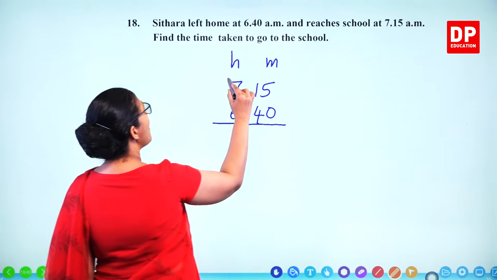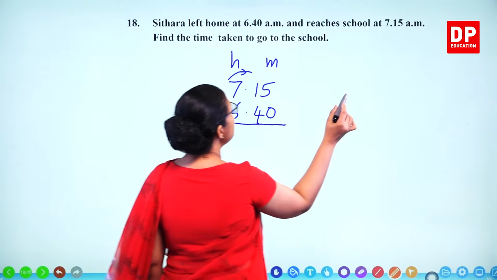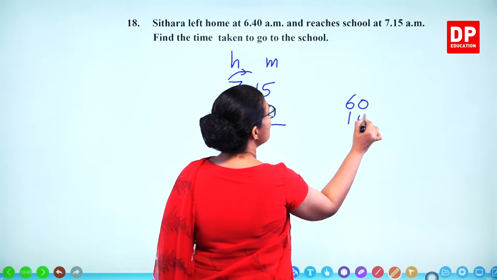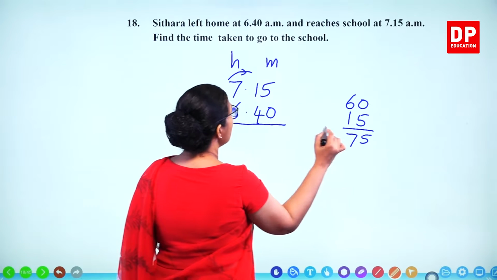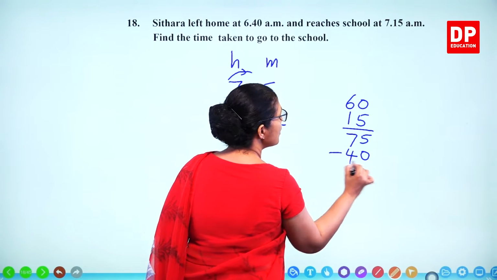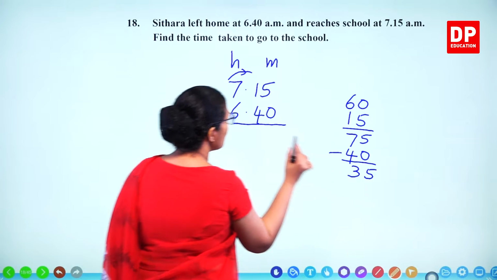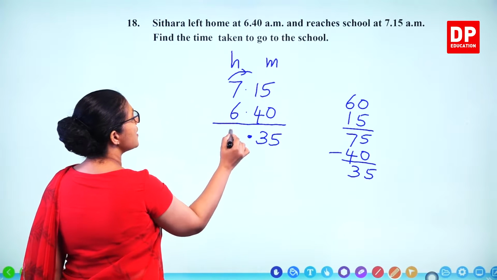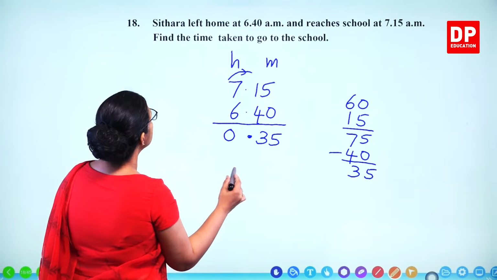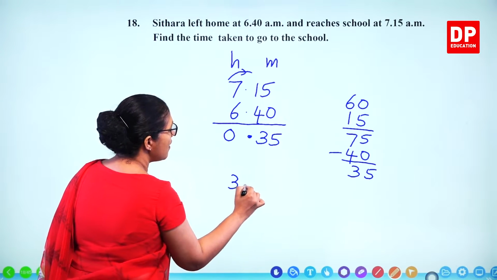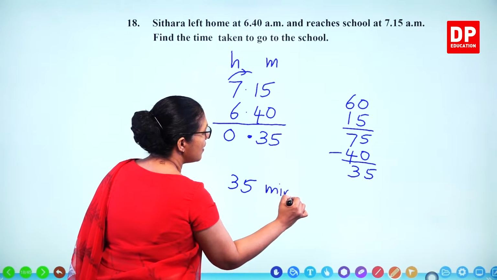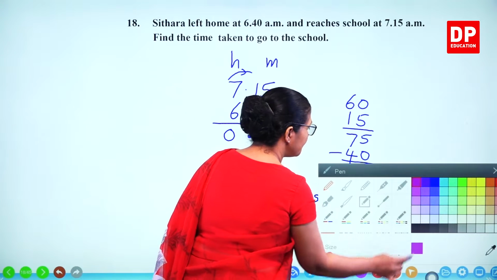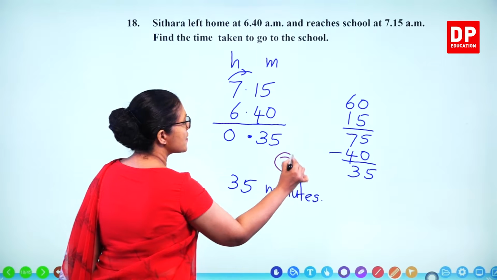So you have to take 1 hour. 1 hour means 60 minutes. 60 plus 15, you get 75. Then you can subtract 40 from that. So 35 minutes here. Then this becomes 6 minus 6. So what's the time taken to go to school? 35 minutes. 2 marks.